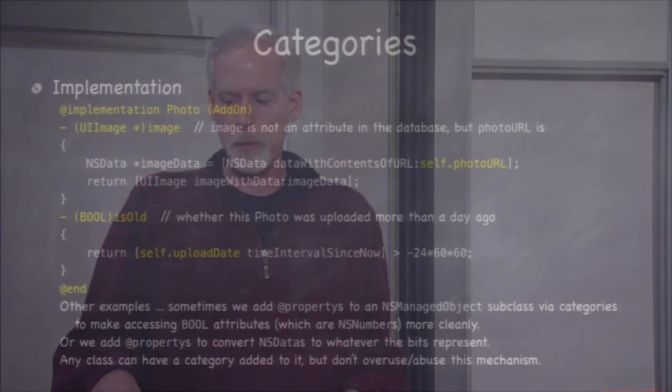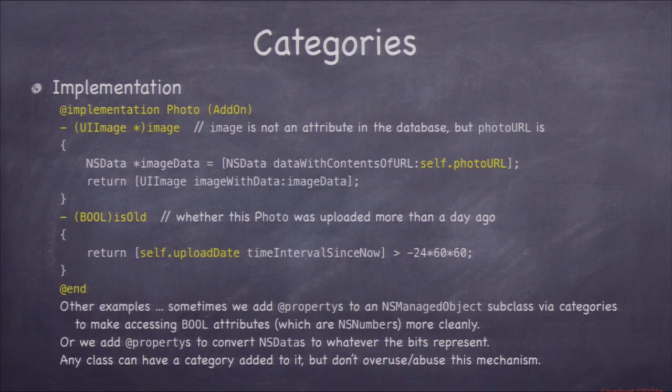Okay? So let's look at an example for these two methods. So here's the implementation of Photo's add-on category. So I'm adding these two methods to the Photo class, which is that thing we generated in Xcode. Image, you see, it just uses self.photoURL. Self is the photo because these methods are being added to the Photo class. So self is a photo, and .photoURL gets that attribute, gets that data.